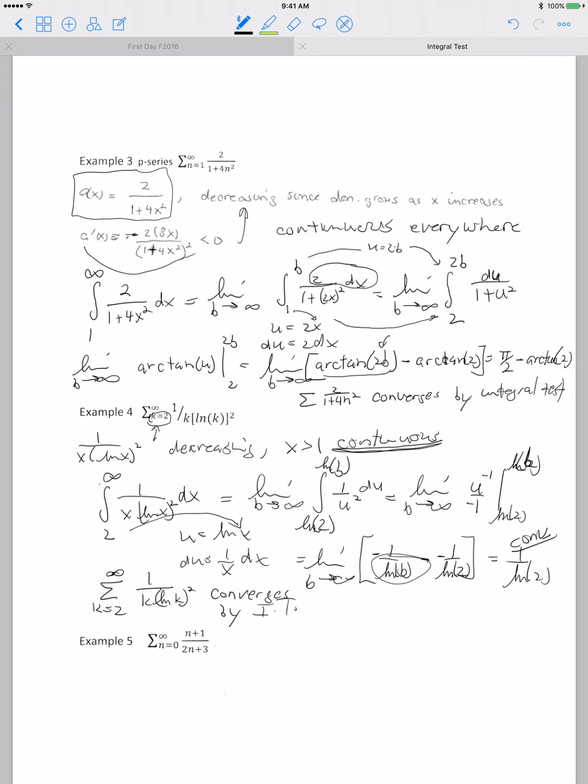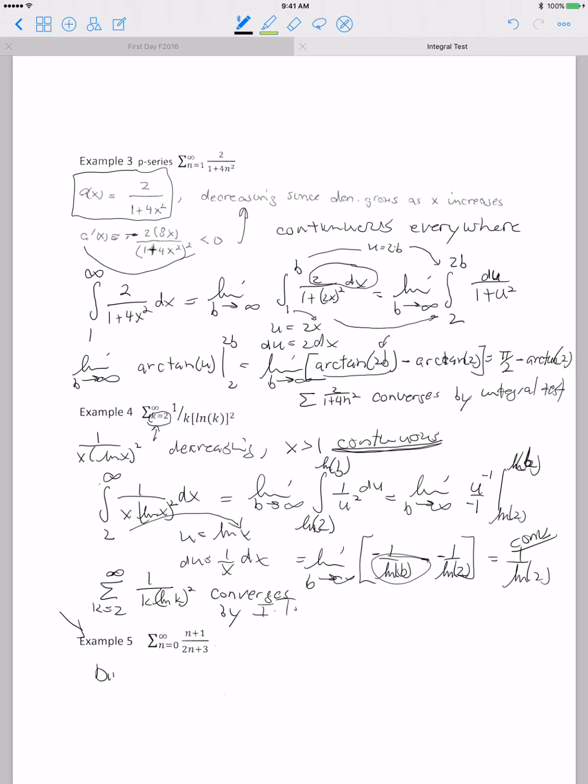Now, looking down at example 5, maybe pause it and think about that for just a few minutes. If you continue and you apply the integral test, then you're going to do too much work. You ought to be able to look at this and tell that this diverges without applying the integral test. So how do we tell that?